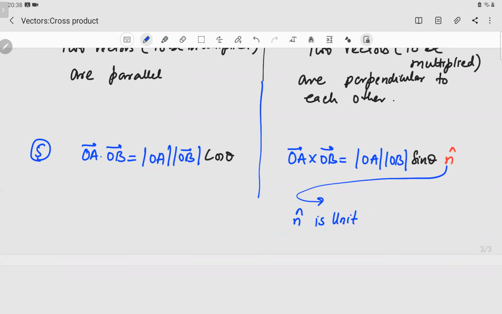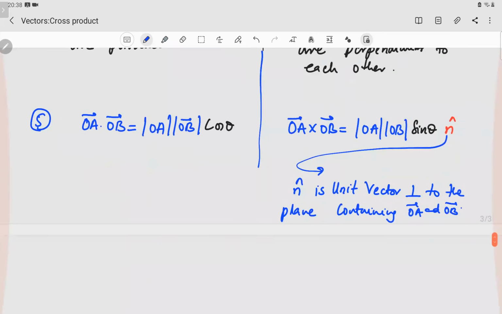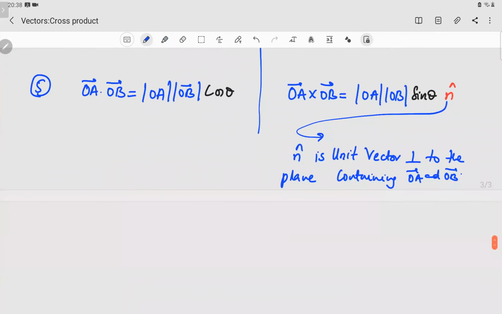To the plane containing OA and OB. The direction of cross product is given by right hand grip rule. The sixth point is direction.